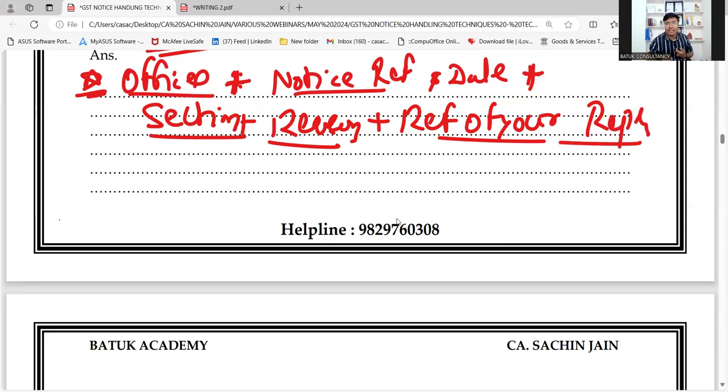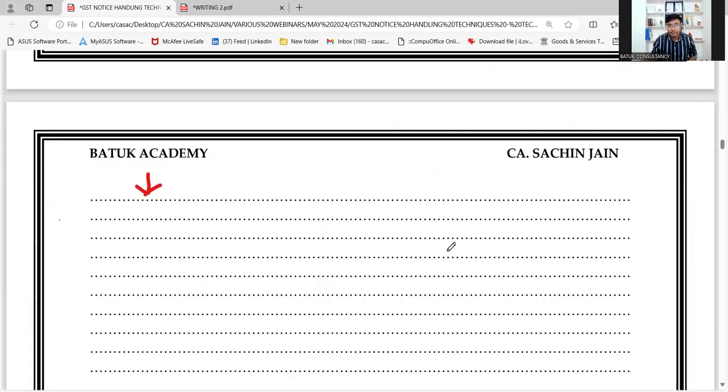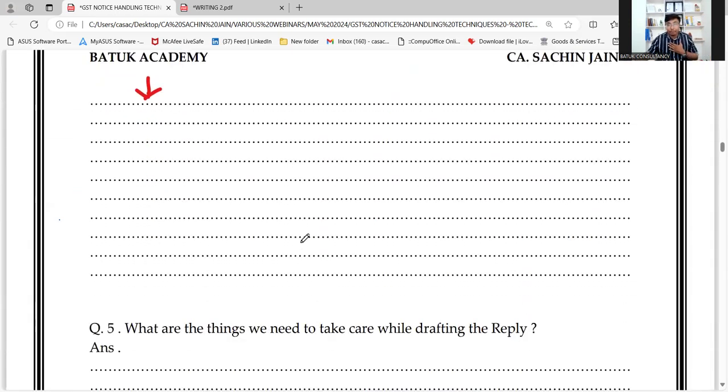Sir, what do you mean by this reference of your reply? That means you need to take note of the particular and specific fact on which you will prepare the reply based on this section. Whichever section you take the reference of to prepare the reply, you should take note of that particular section as well.